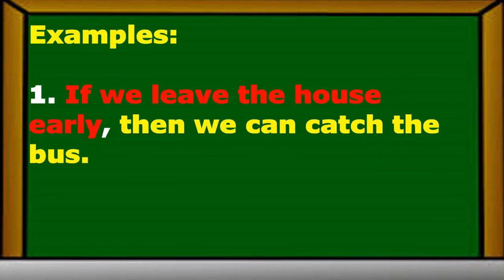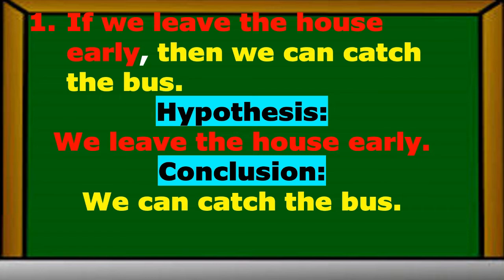Our first conditional says, if we leave the house early, then we can catch the bus. The hypothesis for this conditional is, we leave the house early. While the conclusion is, what do you think? Correct. We can catch the bus.